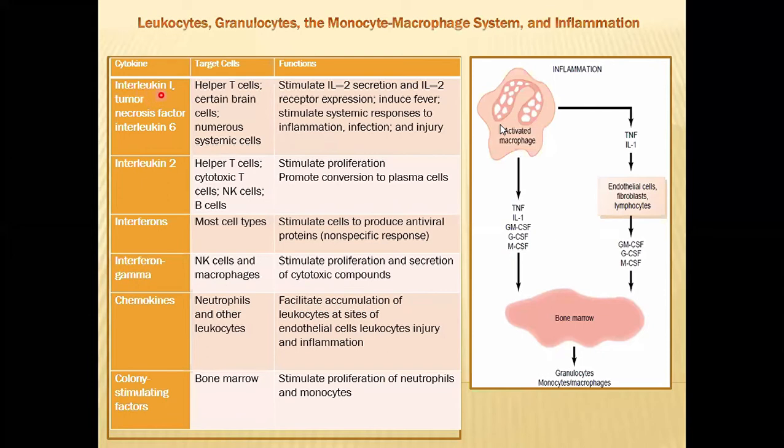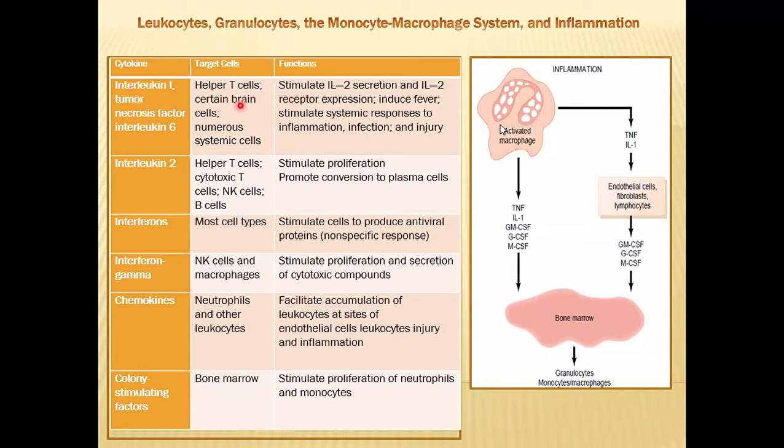Interleukin-1, usually abbreviated as IL, then tumor necrosis factor or TNF, and interleukin-6, I lump into one group. Their target cells are the helper T cells, certain brain cells, and numerous systemic cells. In COVID, you have these three.